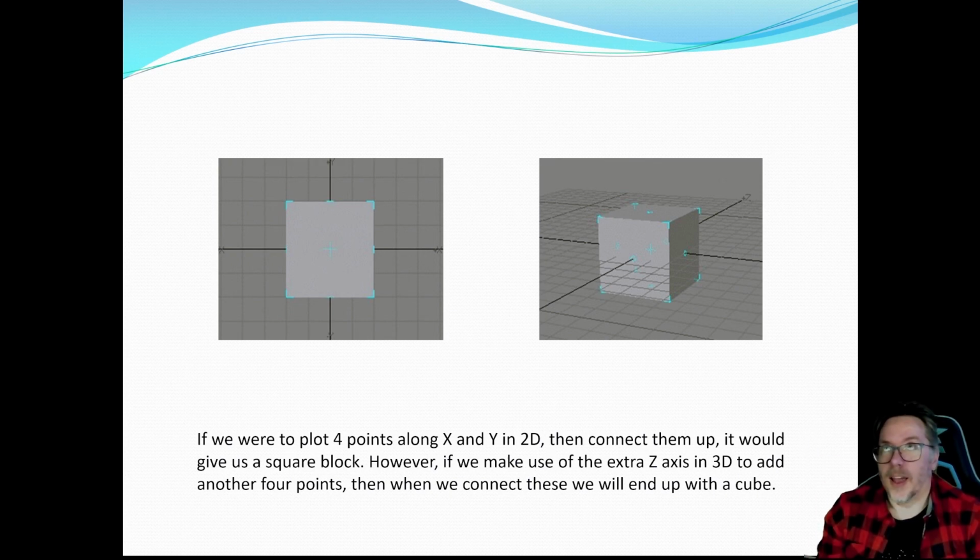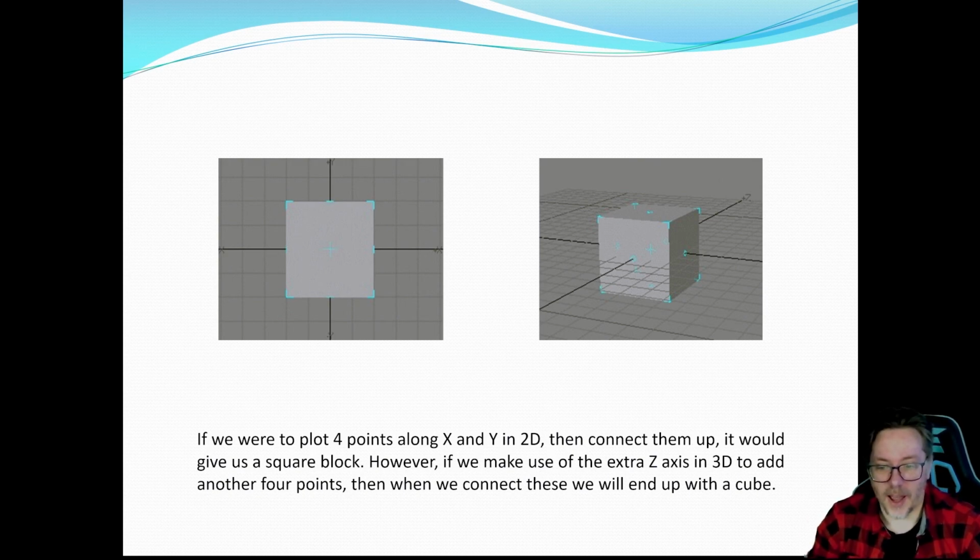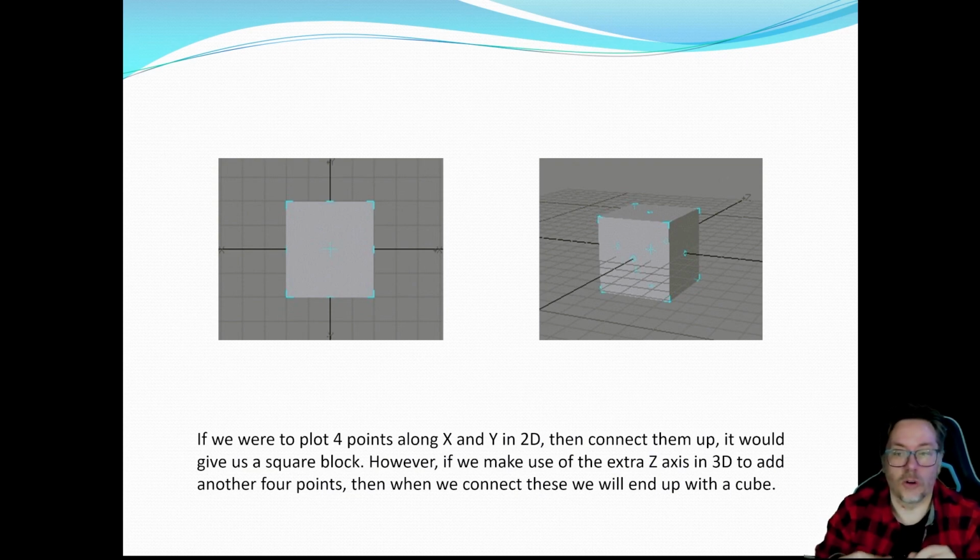So slightly off topic, but off on a tangent. Back in the early days of computer graphics, there was no graphical interface. A lot of these things were actually programmed in using the maths and figures.